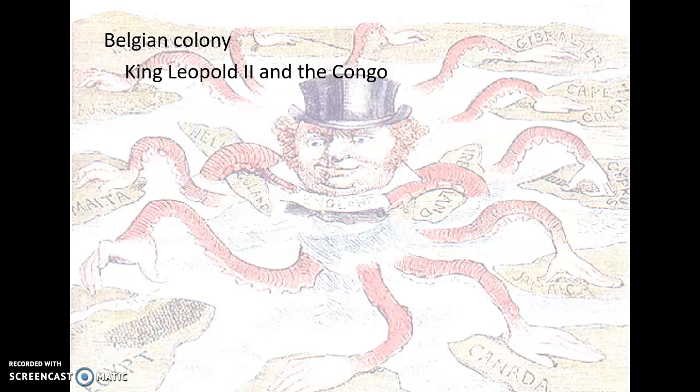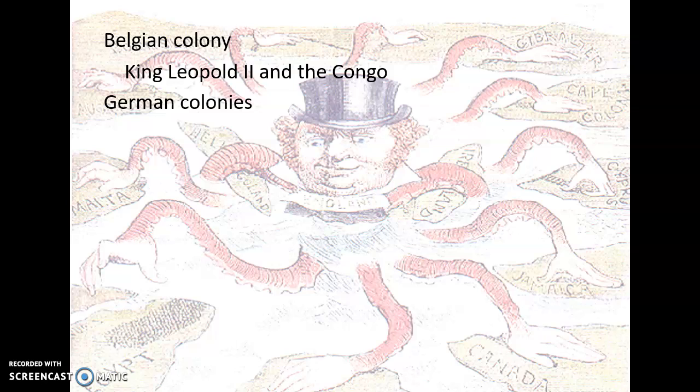Leopold II paid explorers to claim as much of the interior of Africa as they could for him. The result was the Congo, which, by the way, is about 75 times the size of Belgium. However, when news leaked out how Leopold was treating the native population, the Belgian government took possession of the colony and it became known as the Belgian Congo.